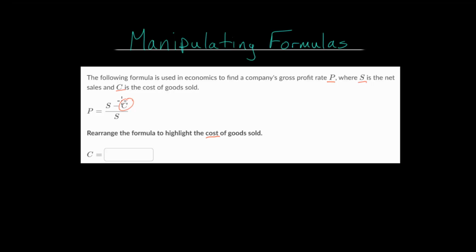To do that, there are a couple different ways to think about this. One is that you can replace the other variables with numbers and think about how you might solve that equation. For instance, let's set P equal to 2 and S equal to 3, so that we actually have a fraction in the denominator.